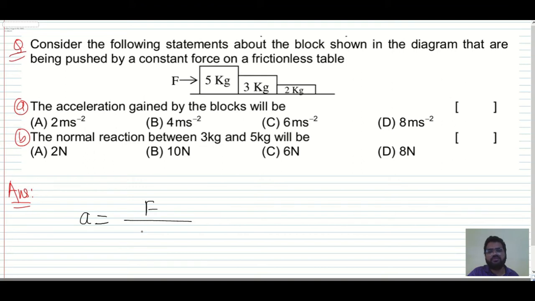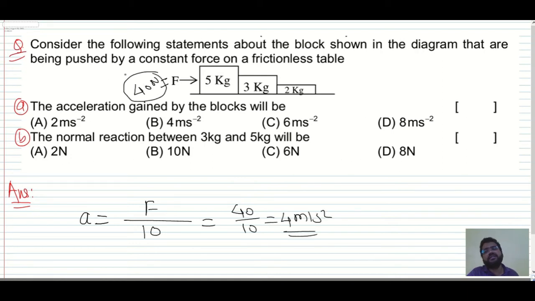What is the total mass? 5 plus 3, 8 plus 2, 10. As they didn't mention F, we will consider it to be 40 Newton. So it will become 40 divided by 10, and that is equal to 4 meter per second squared.